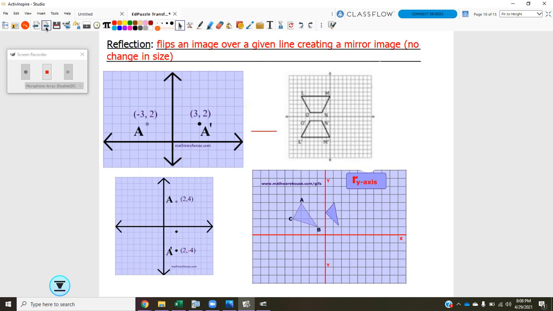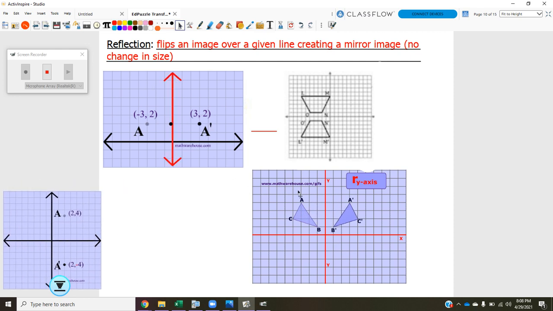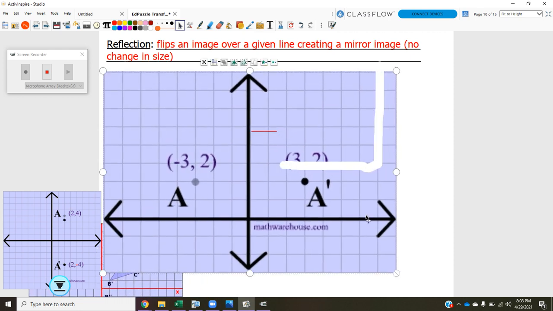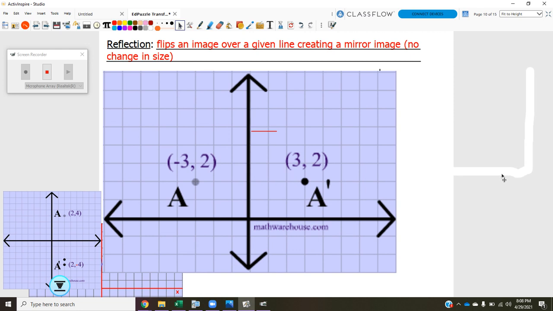All right, let's talk about reflections. A reflection is when the image flips across either the x-axis or the y-axis. So this first GIF that I'm going to show you shows the point A crossing the y-axis.